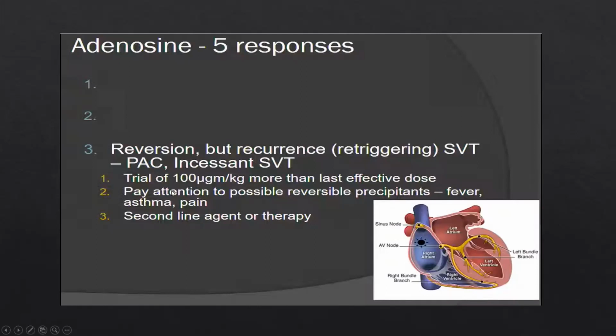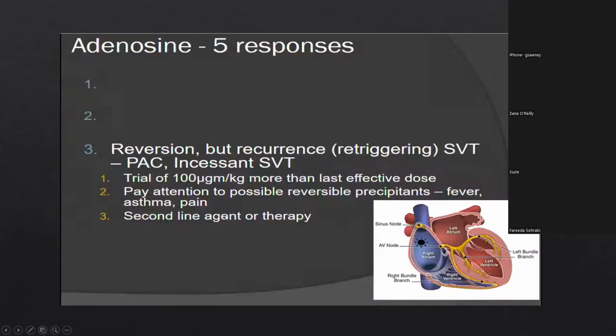So you should pay attention to possible reversible things like fever, asthma, and pain, which make the SVT re-trigger. A second agent is likely needed here, and the patient should be discussed with cardiology.